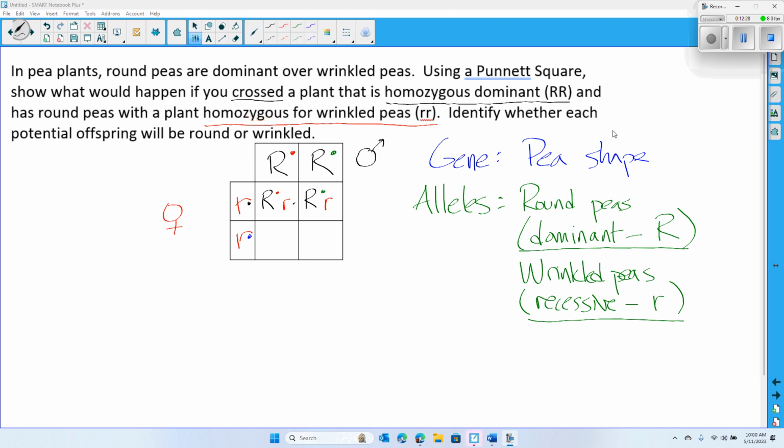The female parent's is still the one with the black dot. In the lower left-hand corner, we're going to have one dominant allele from the male parent and one recessive allele from the female parent. And in the lower right-hand corner, we're going to have the other dominant allele from the male parent and a recessive allele from the female parent.